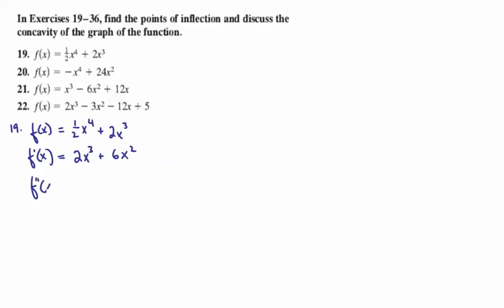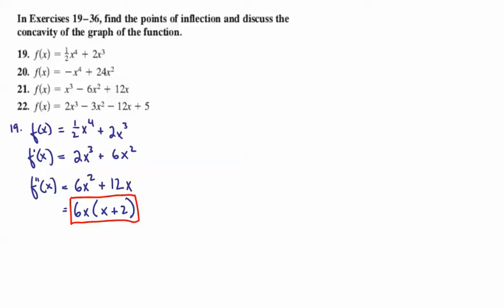Our second derivative will be 6x squared plus 12x, and we can factor that as 6x times x plus 2. That's our factored form of the second derivative, which we'll use in our analysis.